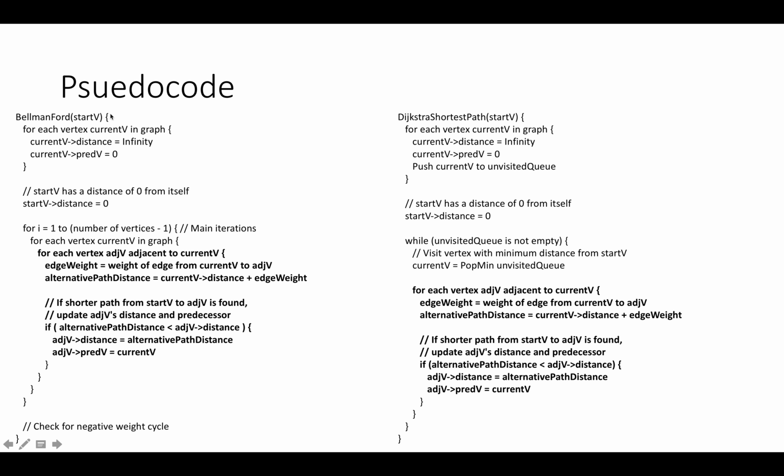The only difference is really the overall containing for loop or loops that specify exactly how many times the algorithm is going to run. In our Dijkstra's algorithm, we basically have while our queue is not empty, while there are nodes that we have not visited yet, we're going to run the algorithm.